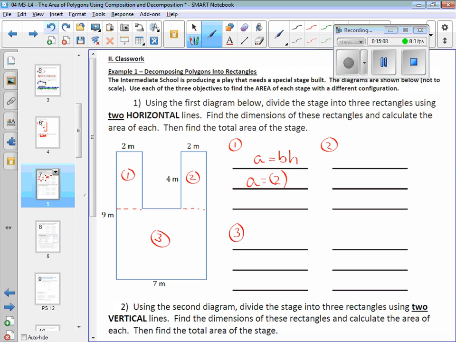What's the height? They don't give it here or here, but they give it here, because these two parts of the castle are equal pieces. 4. I'm not going to worry about units yet. Just get the numbers. Our area is 8 for that.